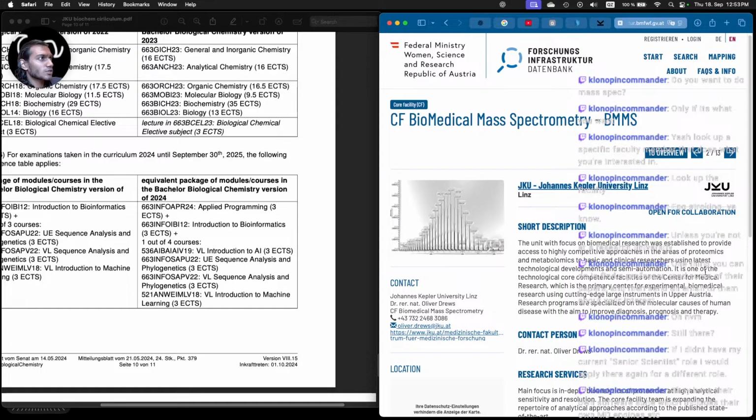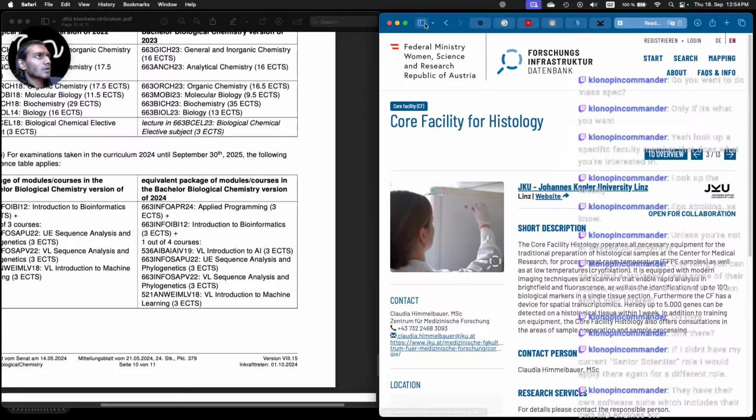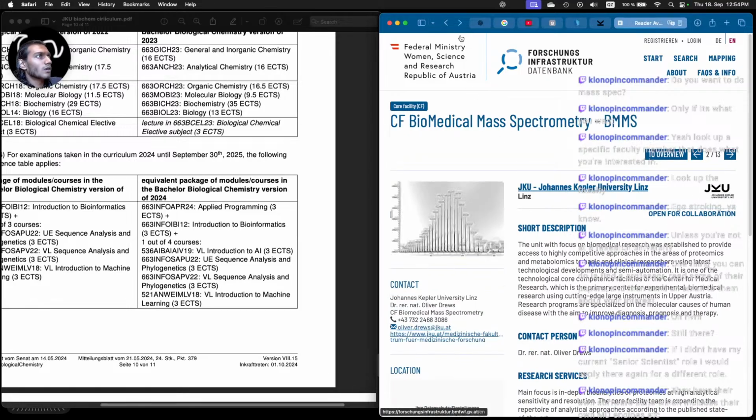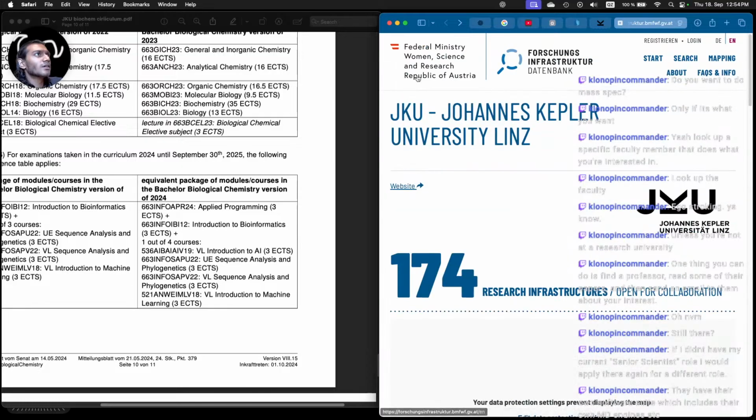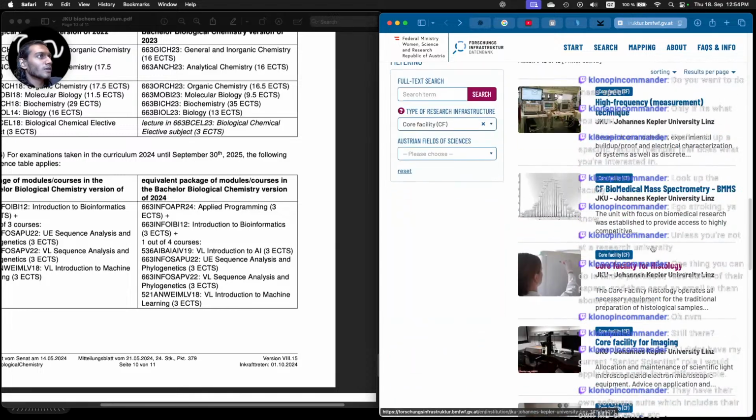It is one of the technological core competence facilities of the Center of Medical Research, which is primarily a center of experimental biomedical research using cutting-edge research programs specialized for molecular causes of human diseases with the aim to improve diagnosis, prognosis, and therapy. Okay. Oh no. Oh no.